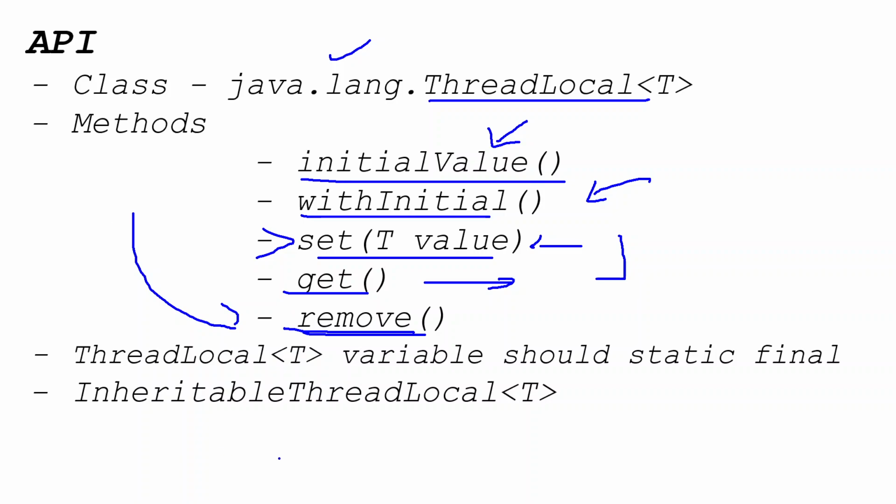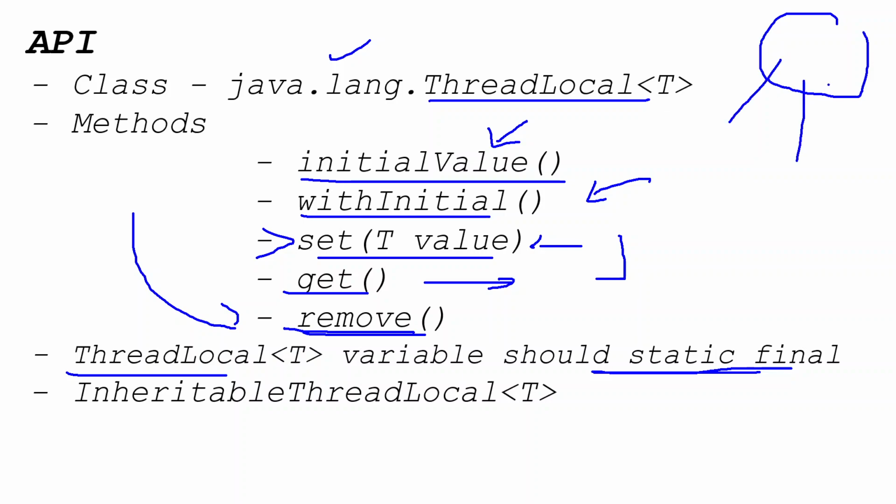A general recommendation is to always declare a thread local variable as static and final. This is a global variable, so anyone from the whole application can access it. So it is one kind of global shareable resource, any thread at any point in any code base can access, and that is the thread specific value only.